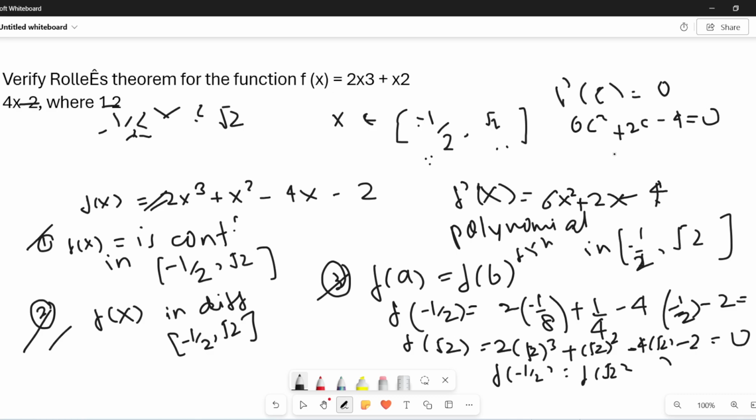So the value of c comes out as minus 1 and 2 by 3. And c is lying between minus 1 by 2 and root 2.